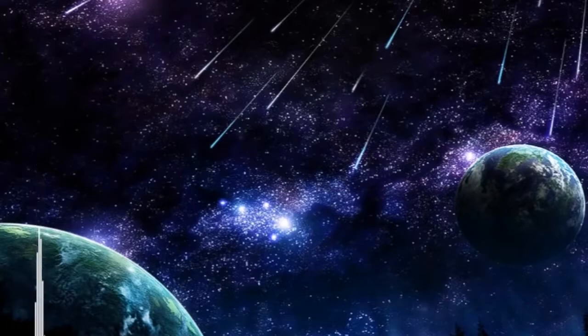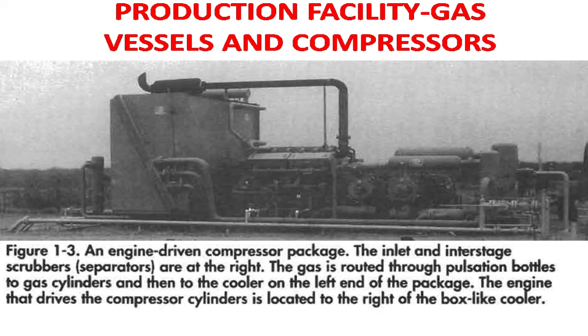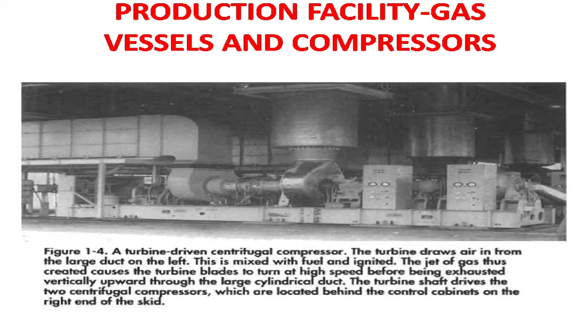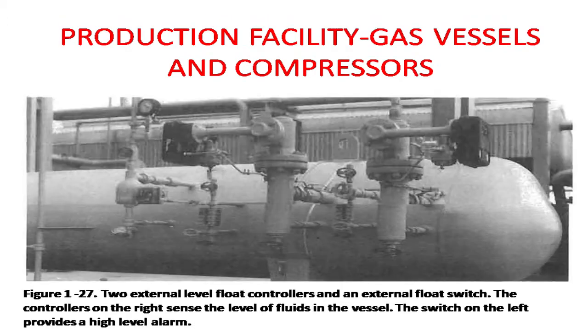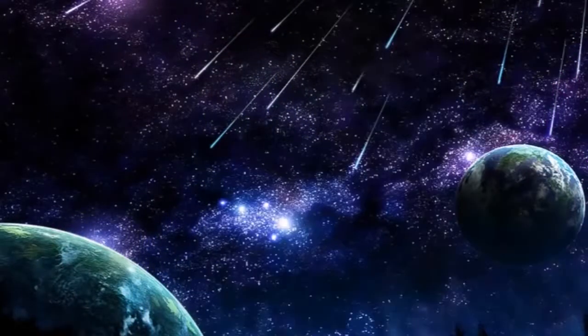Figure 2 shows the configuration of a typical reciprocating compressor. Gas from the free water knockout, FWKO, enters into the first stage suction scrubber. Any liquids that may have come through the line are separated at the first stage. So the compressors are used to compress the gas, and any liquids that are coming are separated on the first stage.